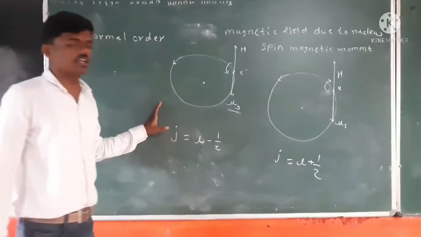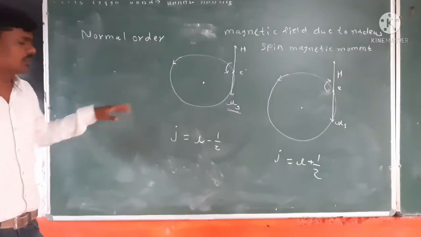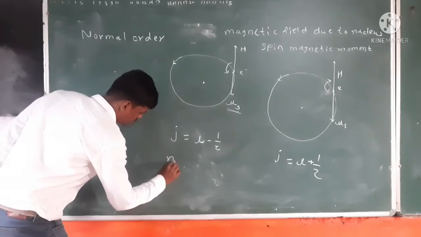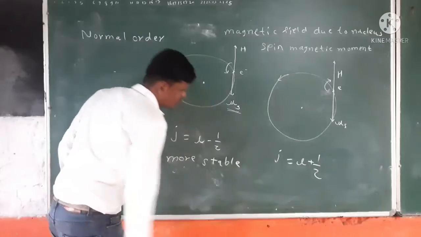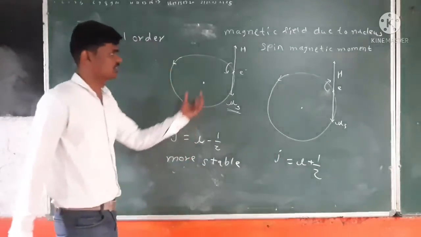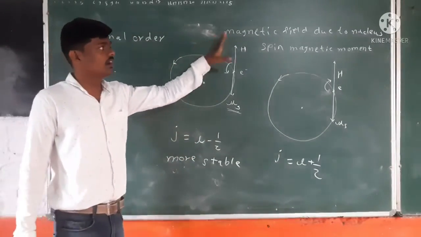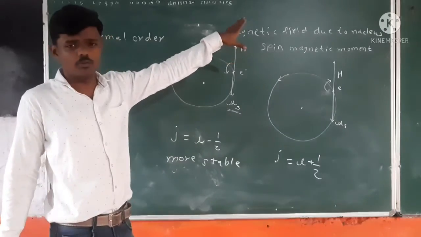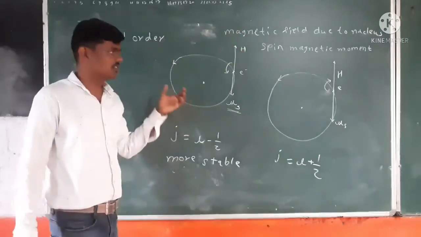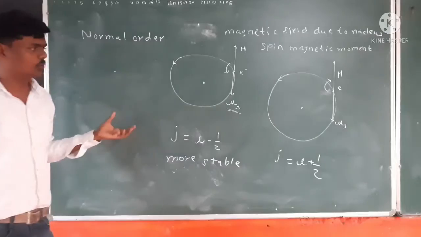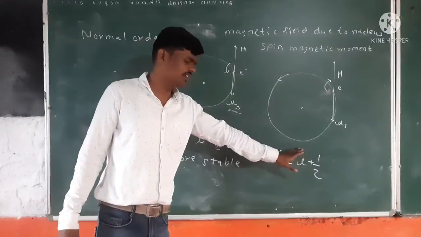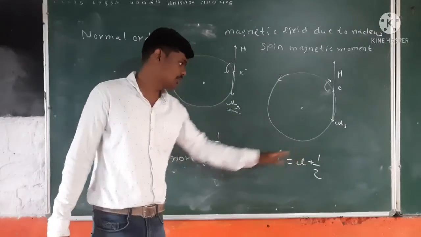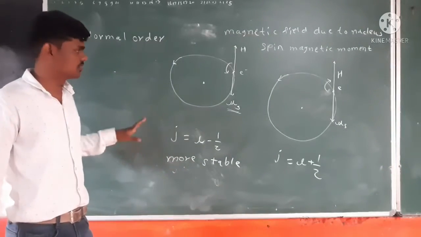Actually we have observed that this state is more stable as compared to this, because here the spin magnetic moment and the magnetic field due to the nucleus are parallel to each other, and in this case they are anti-parallel. So this state has more energy, it is unstable. This state has less energy, it is stable.